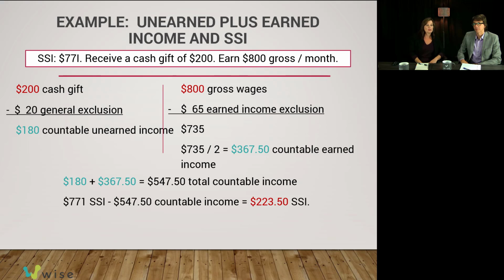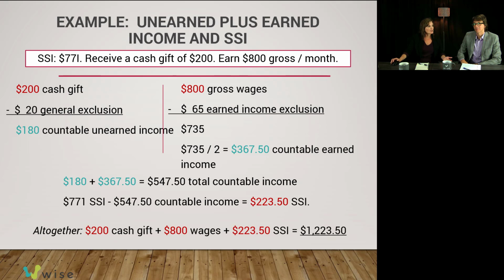And our final step would be to figure out with SSI how much is going to be subtracted from my SSI amount based on this total countable income. So if I apply this $547.50 to the $771 SSI federal benefit rate for 2019, it brings us to an adjusted SSI check of $223.50.